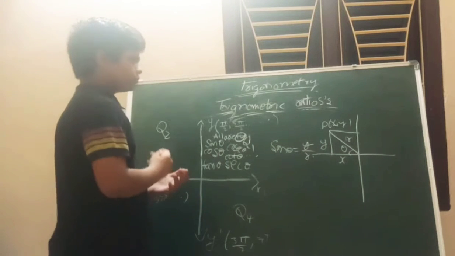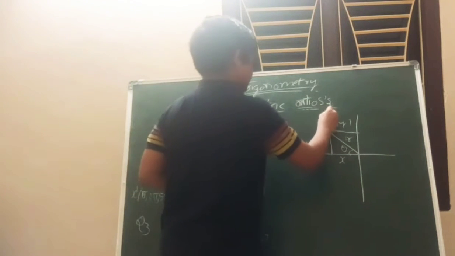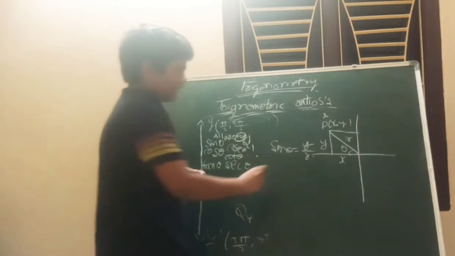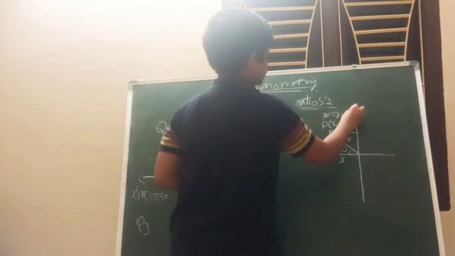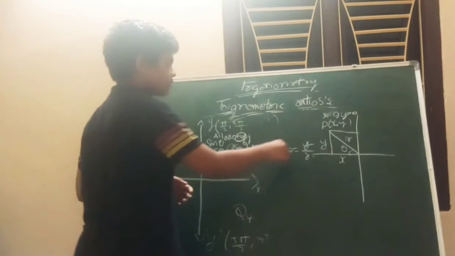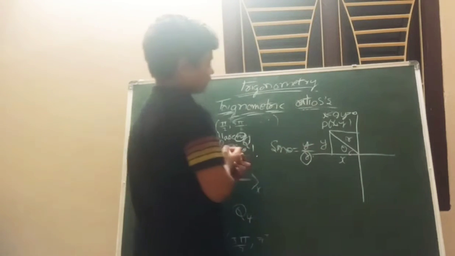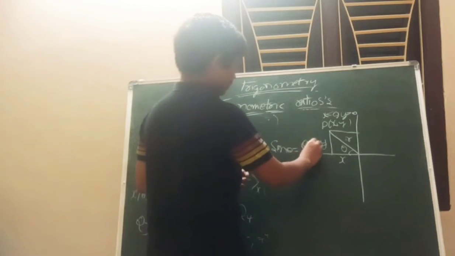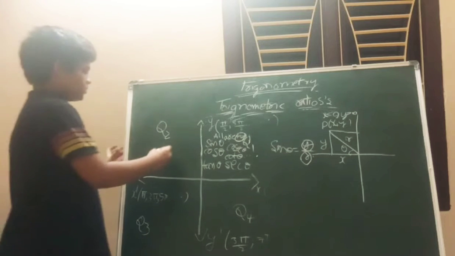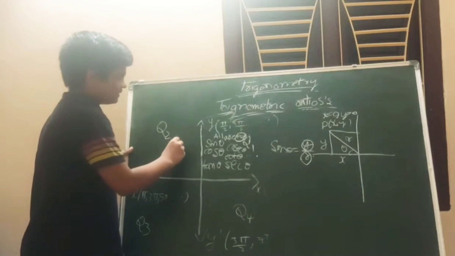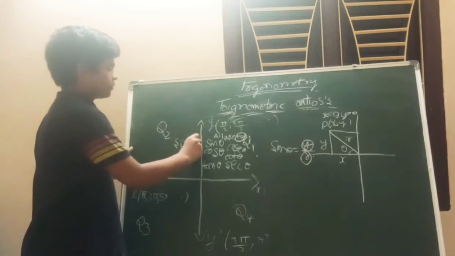We already know that in the second quadrant x is negative and y is positive. The hypotenuse is always positive and here y is positive, so positive by positive is positive. So sin theta is positive.